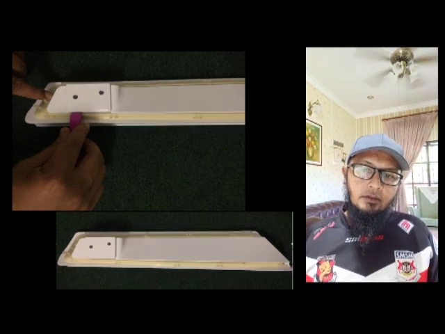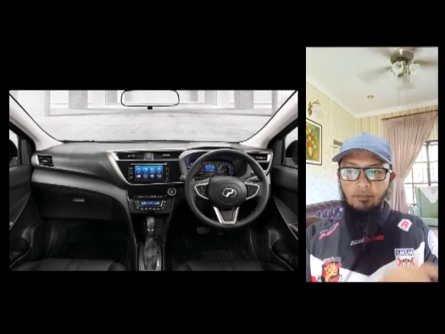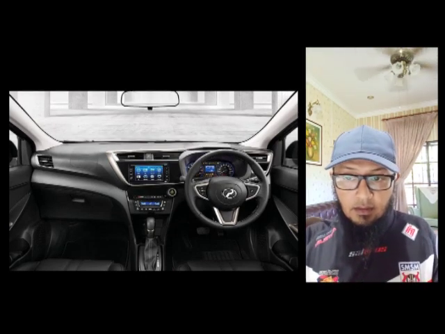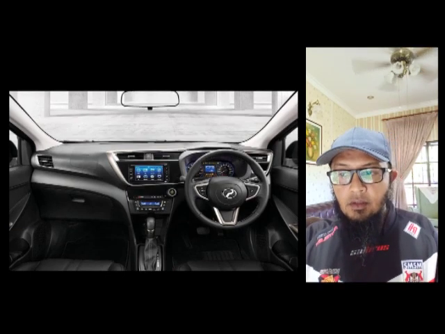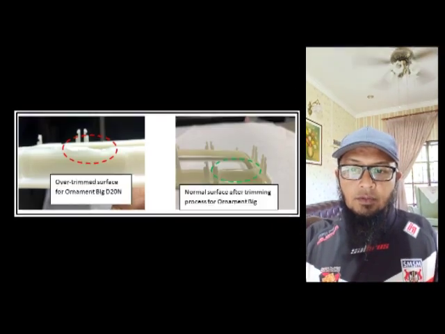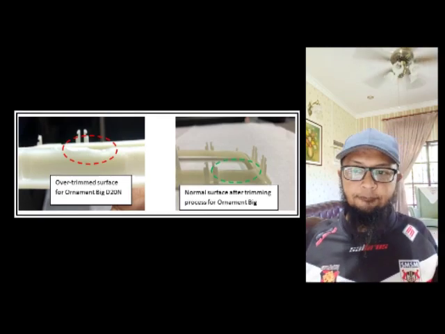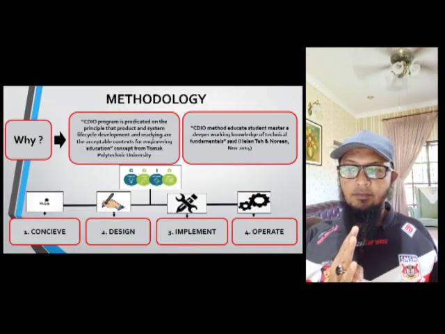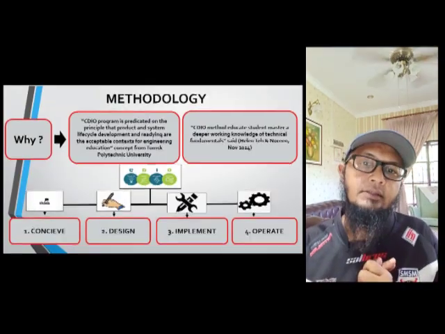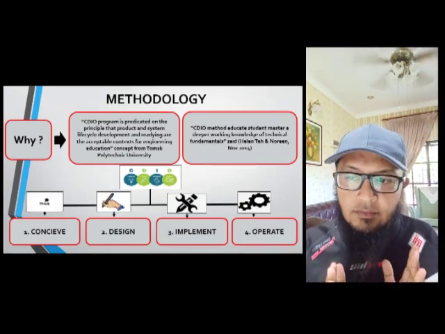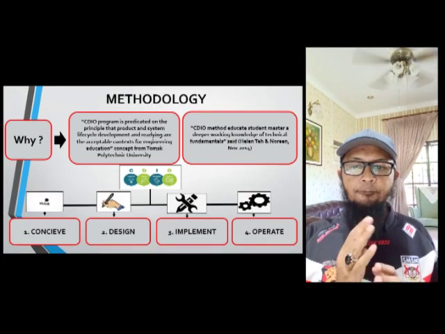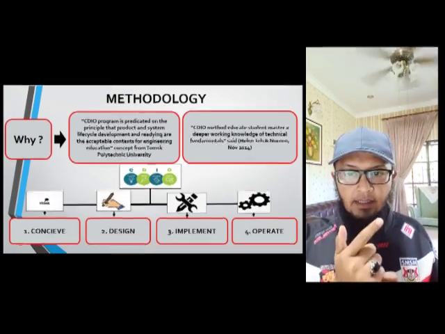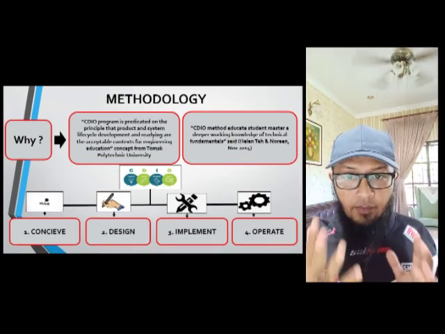And as I mentioned before, the main objective of this research is to solve the quality issue that occurs in the instrument panel for Perodua IV because of the over-trim process by an operator. There are 4 stages of development process for this device using the CDIO model of development. It consists of 4 components, namely conceive, design, implement, and operate.